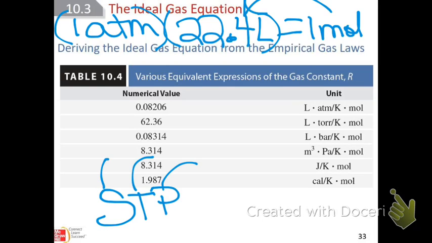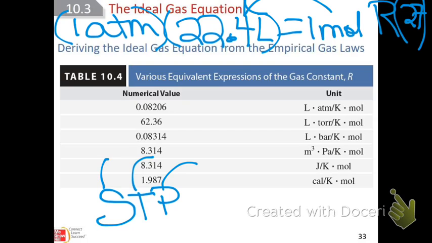Any gas takes up exactly 22.4 liters per mole. Remember that mole conversion that I told you to learn? Yep, coming back. So let's find our R. And what's our temperature? 273 every time. So let's calculate.